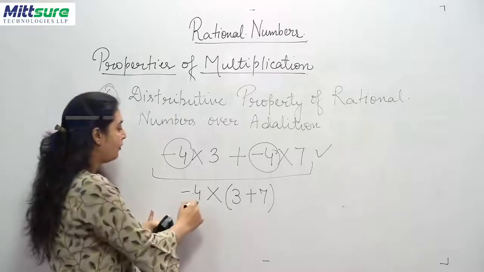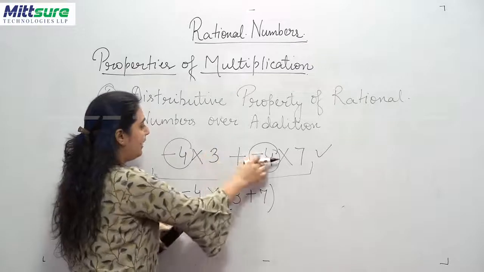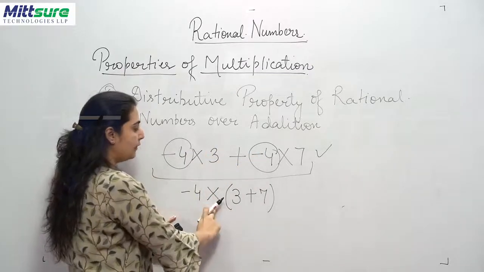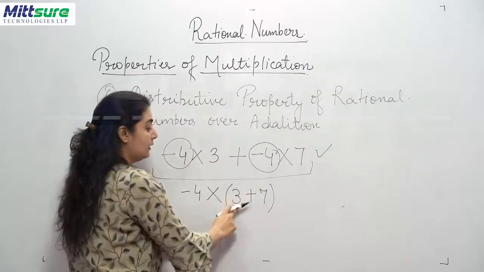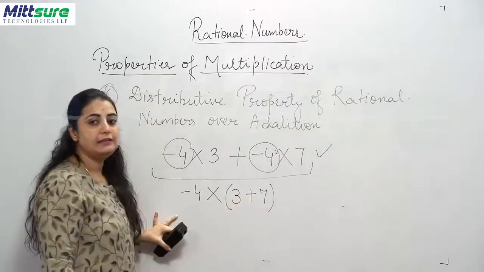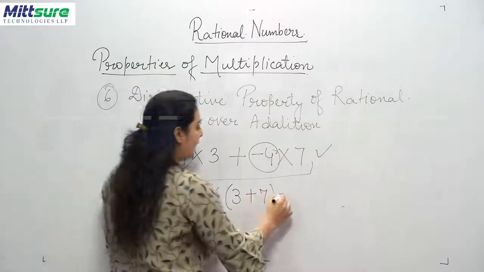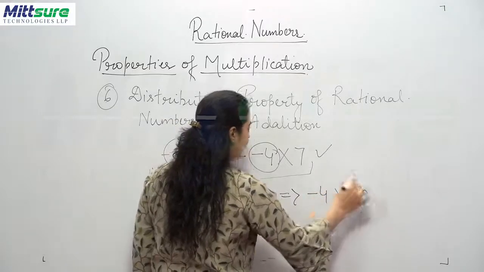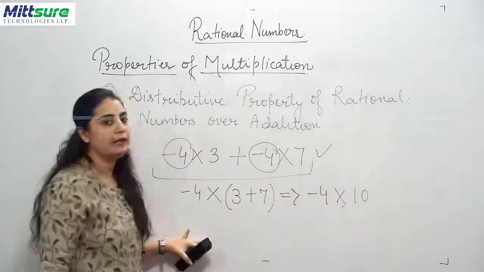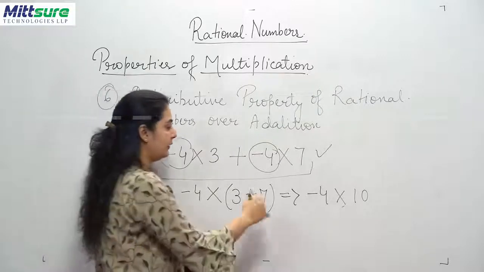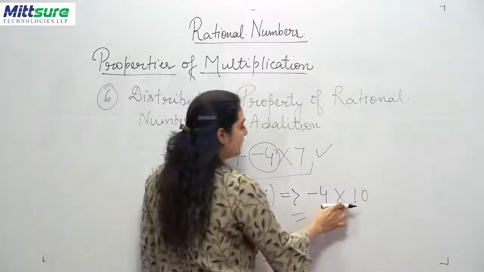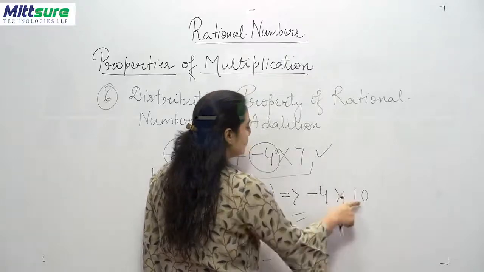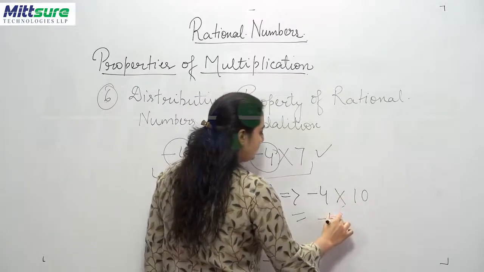Clear? Now what I have done, I have taken minus 4 as common, multiplied it with the sum of 3 and 7. So what do I get as the sum? Minus 4 multiplied by 10. 7 and 3 when added together give you a sum of 10. So minus 4 multiplying into 10 will give you minus 40.